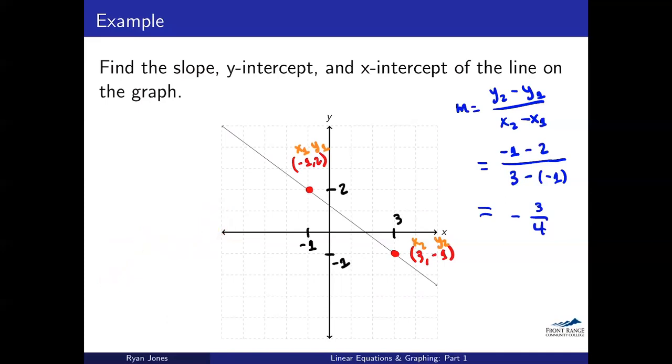Let's go ahead and do that just off to the side right here. So y equals -3/4 x plus b. We can write it off like this because we know what our slope is and we don't know what our y-intercept is. Let's use this point right here, the x1, y1, and let's actually plug in for that x and the y.